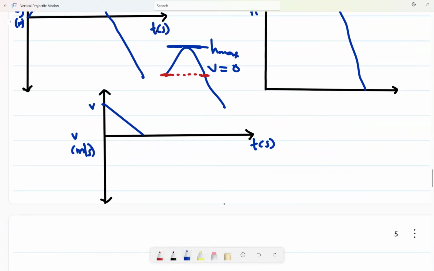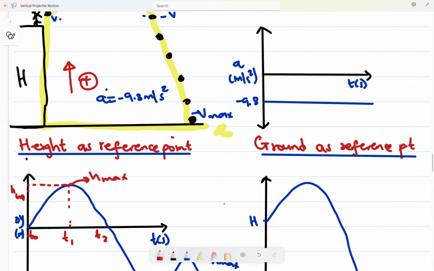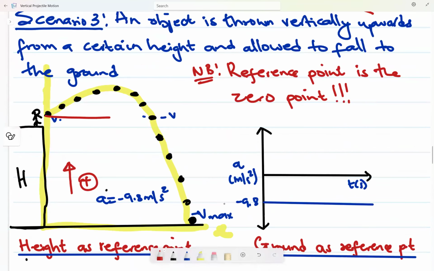Let me try to label. This is the time for it to reach the maximum height, T1, this is T0. T2 is the time taken to reach the initial height, the time taken to come back to where it was projected.